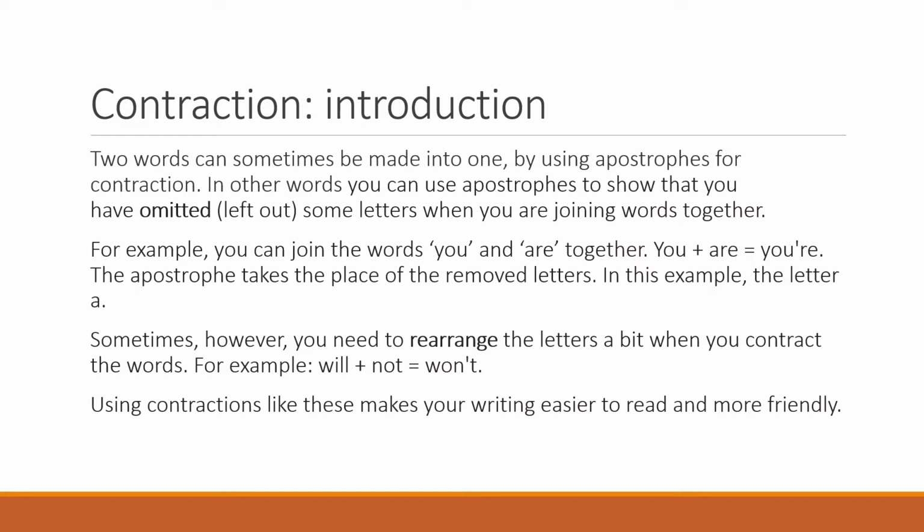For example, you can join the words you and are together. There you can see U plus R. When you are shortening them, you remove the letter A and then it becomes your. The apostrophe takes the place of the removed letters, in this example, the letter A.